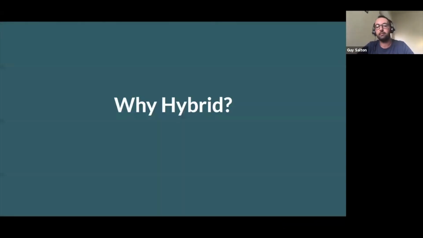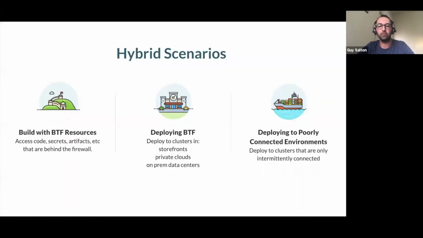And again, to emphasize the use case for why you should go hybrid. When I say hybrid, and we'll see exactly the Codefresh offering for that, I mean working with a SaaS cloud-hosted platform, but still running your builds behind the firewall, right? So common use cases can be you need some behind-firewall resources for the build, right?